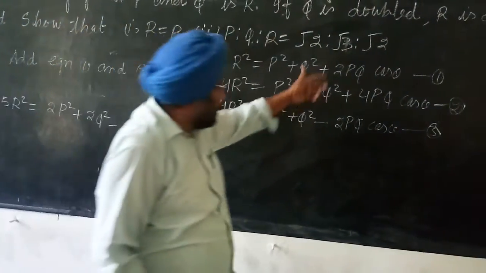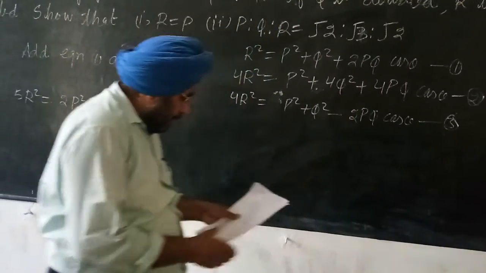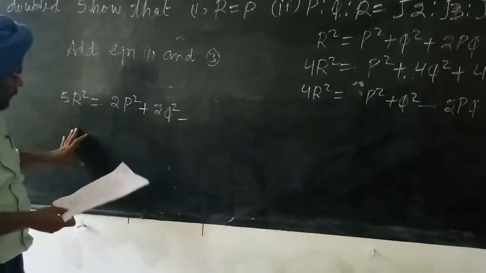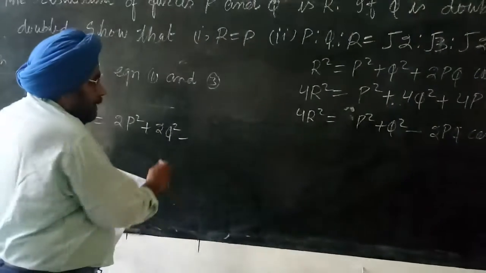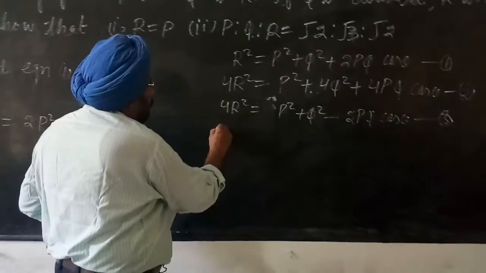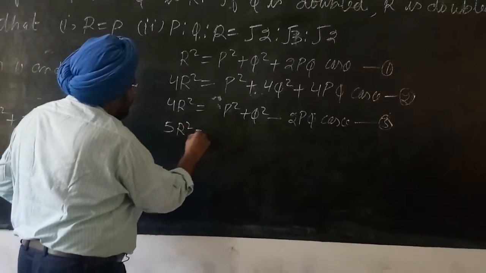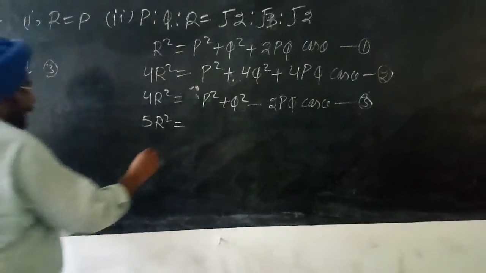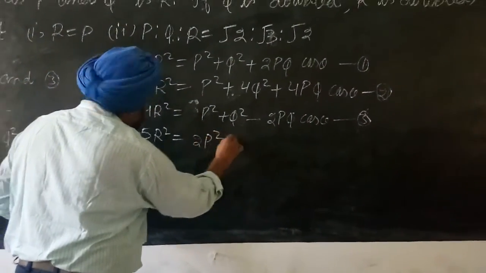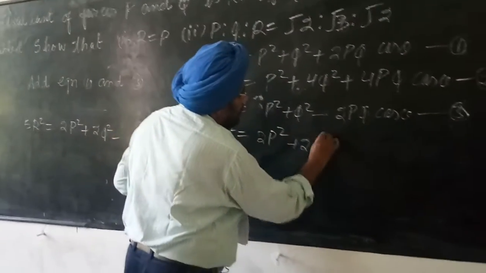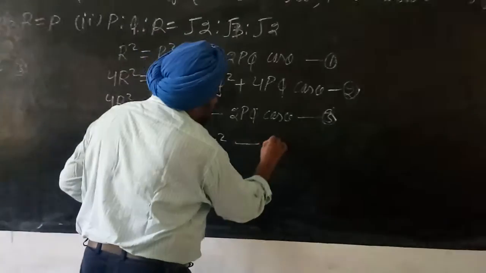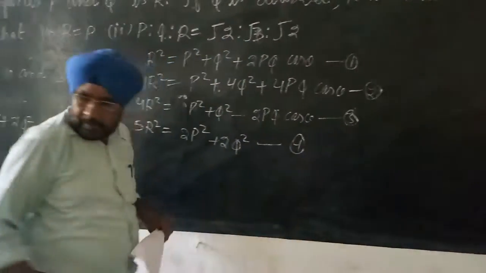The 2PQ cos theta and minus 2PQ cos theta are cancelled. So 5R square is equal to 2P square plus 2Q square. This is our equation number 4.